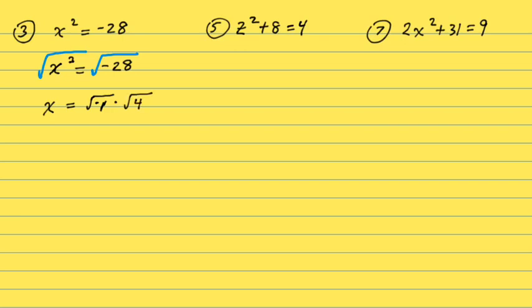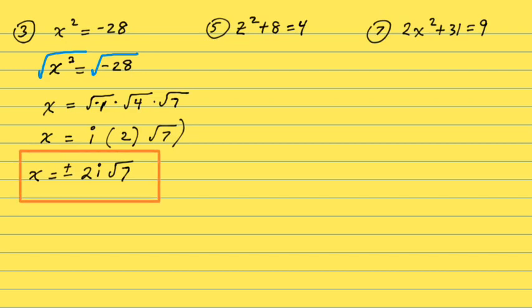Does 4 go into 28? 4 times 7, right? So the square root of -1 is your i. The square root of 4 is your 2. And you have your radical 7. So most people will write it this way, 2i radical 7. Don't forget that it should have a plus or minus if you take the square root in an equation.